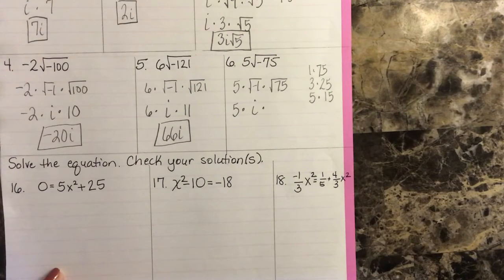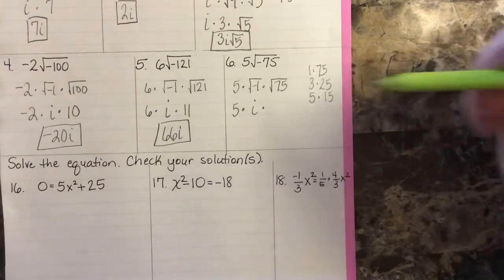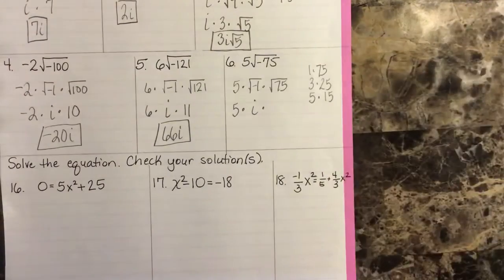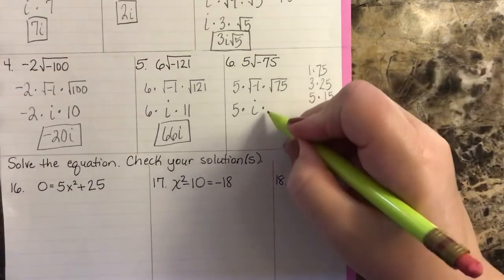I think that's it. Okay, so as I look at those factors of 75, are any of these factors a perfect square? Yes, 25 is a perfect square.